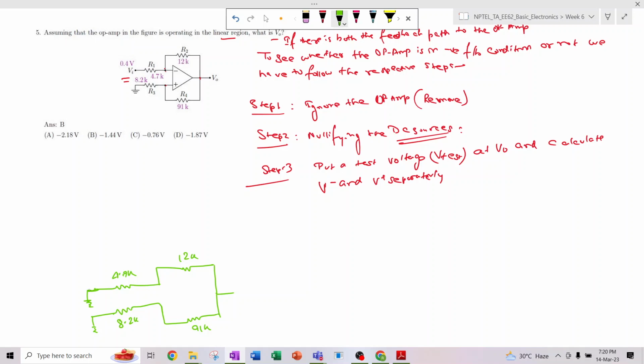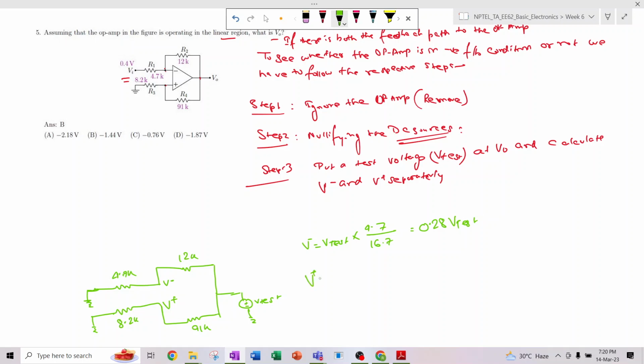Now you have to apply a test voltage over here. So if we apply V test over here, let us consider this is V minus and this is V plus. V minus will be V test times, this is simply the voltage divider rule, 4.7 divided by 12 plus 4.7, which is 16.7. So 4.7 divided by 16.7 is 0.28 V test.